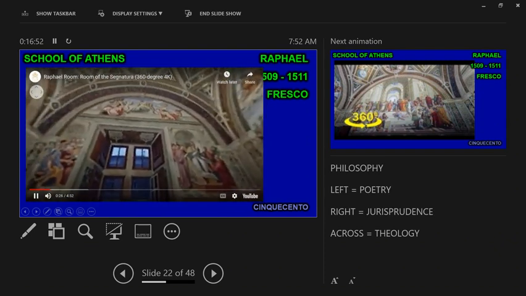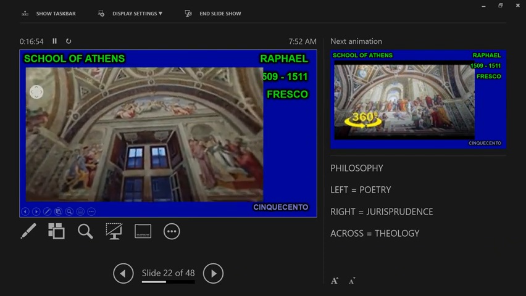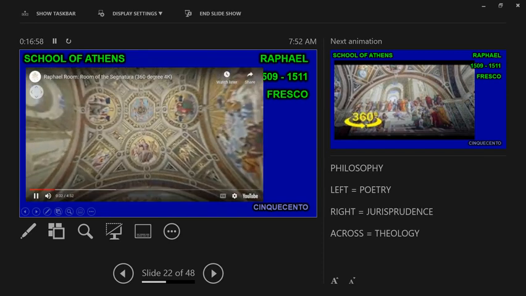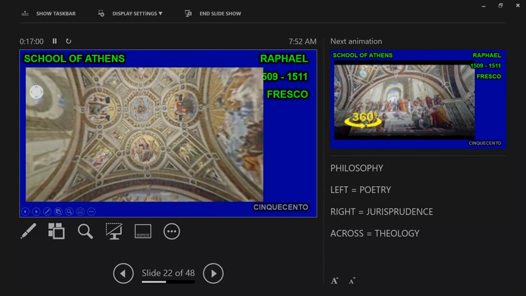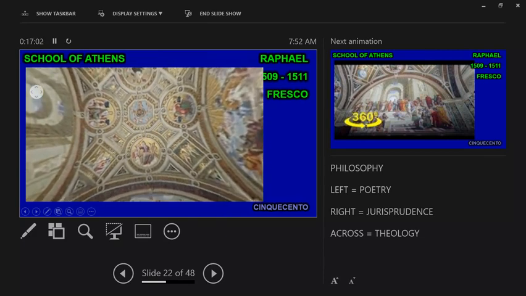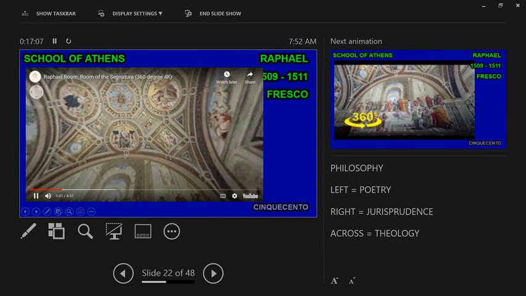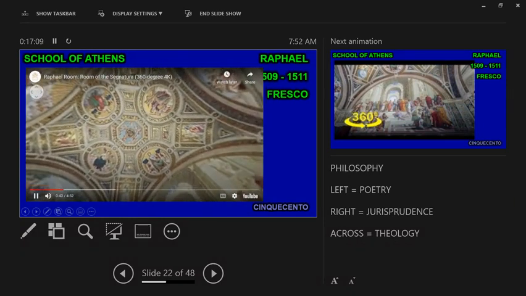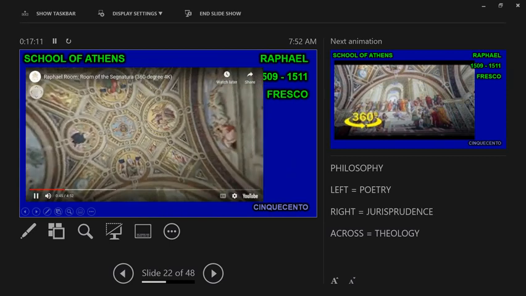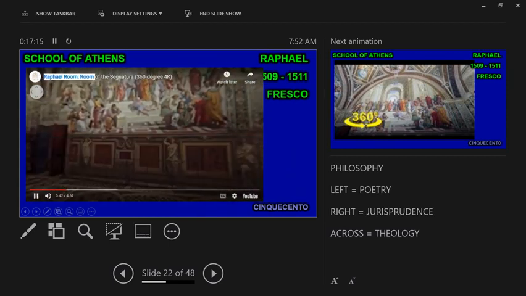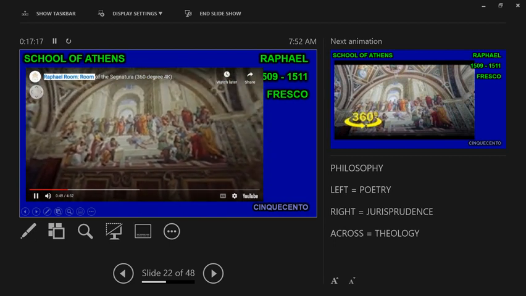And over here on the right side of the School of Athens is jurisprudence. And then if we look straight up at the ceiling, I think that's Matthew, Mark, Luke, and John portraits up there, right? But anyways, this is our building, and this is our mural that we're going to look at.